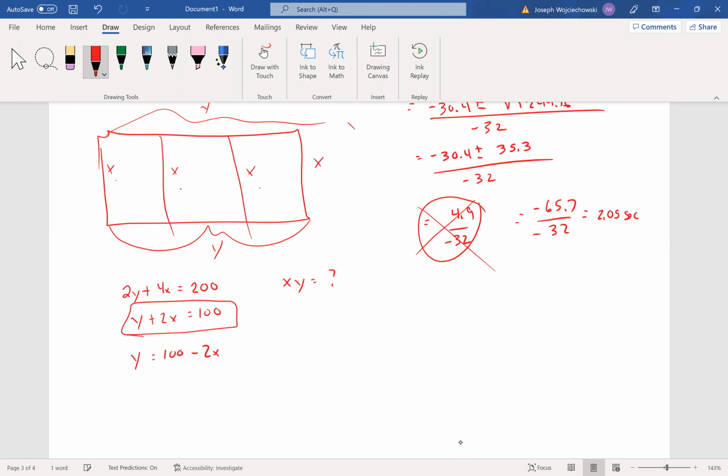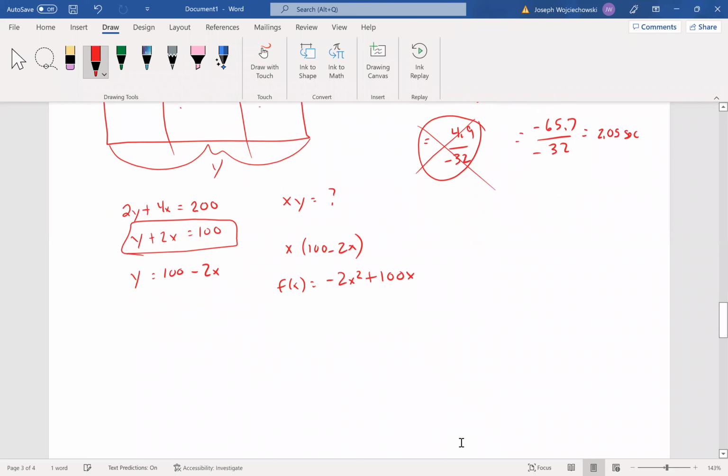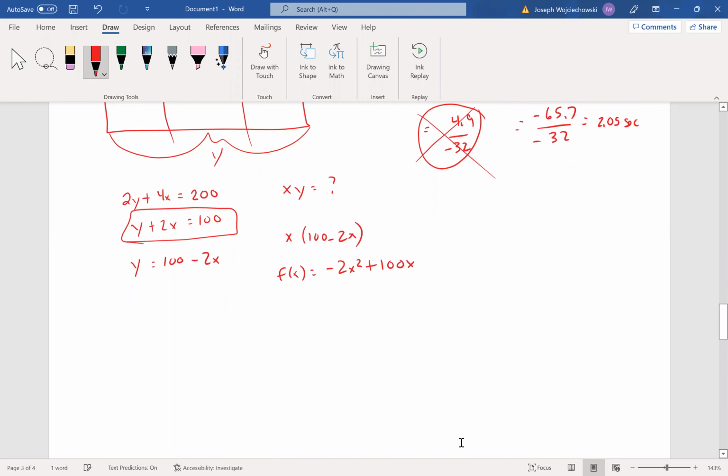And now I want to maximize the function x times 100 minus 2x, which is, we got f of x equals negative 2x squared plus 100x. Okay. So now I can solve for x.